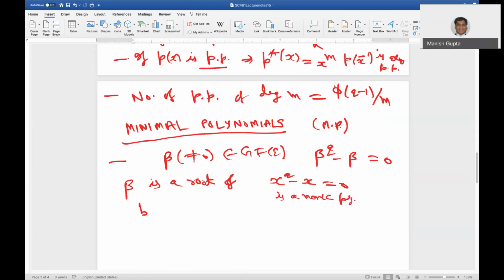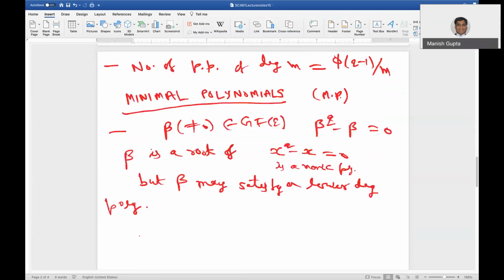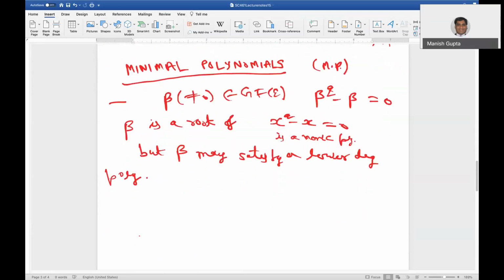But beta may satisfy a lower degree polynomial, right? Such a polynomial is known as a minimal polynomial.